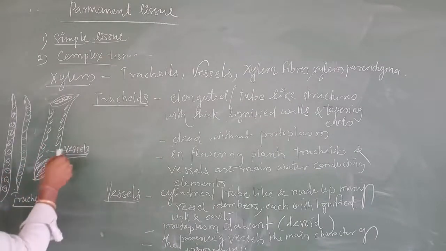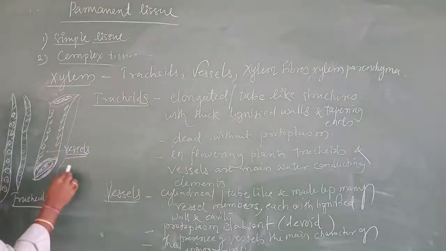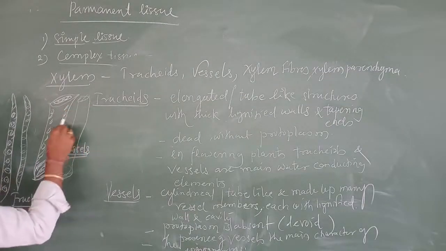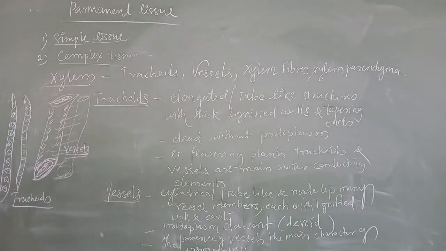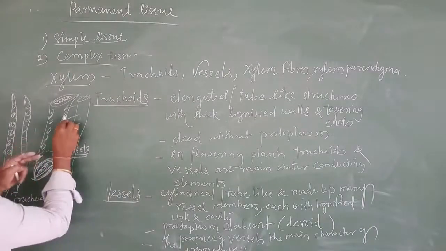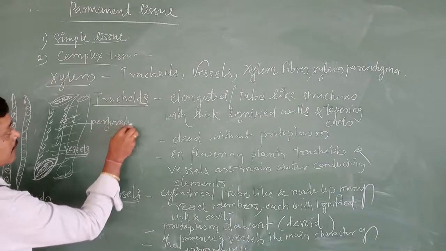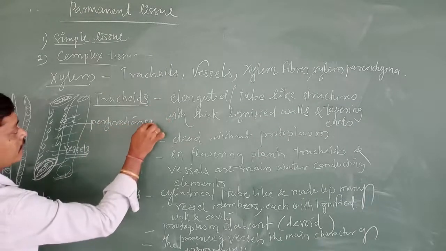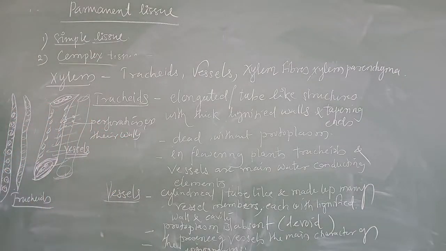As I told you, there are many members, and one vessel member joins with another through perforations on their walls. On a wall you get small perforations, and with that they join each other.